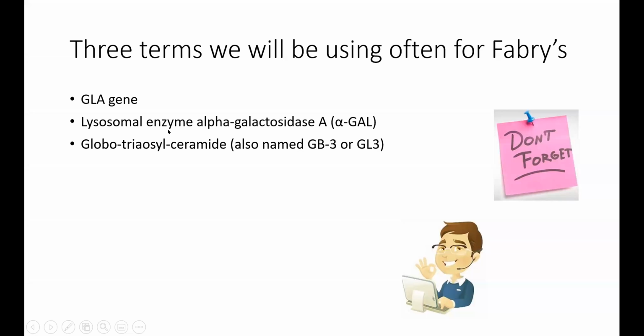There'll be one enzyme, alpha galactosidase A, which we'll refer to as alpha gal. And then there is a product which will be used again, which is globotriaosylceramide, which will be referred to as GB3 or GL3. So when you read literature about Fabry's, these are the three terms which we need to remember: the gene, the enzyme, and the sphingolipid in question, which gets accumulated in Fabry's disease.